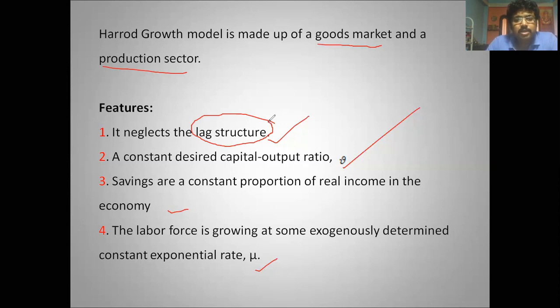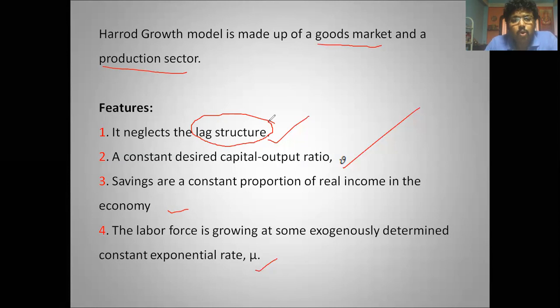In a steady state equilibrium solution, there is no role of lag structures. Actually, lag structure is important when the economy departs from the equilibrium path. And here it should be mentioned what the steady state equilibrium is.